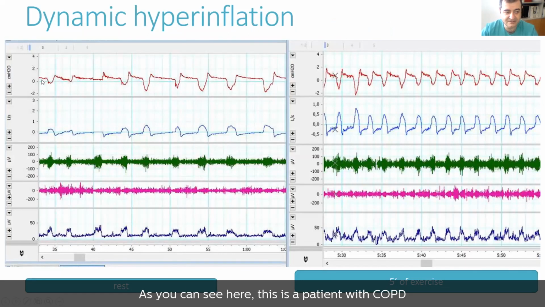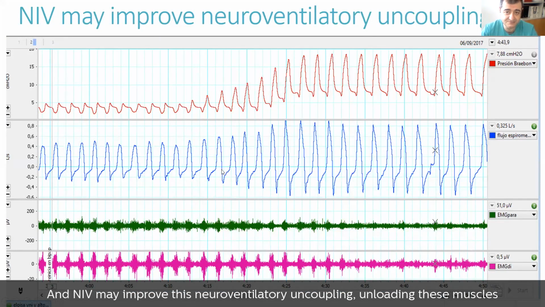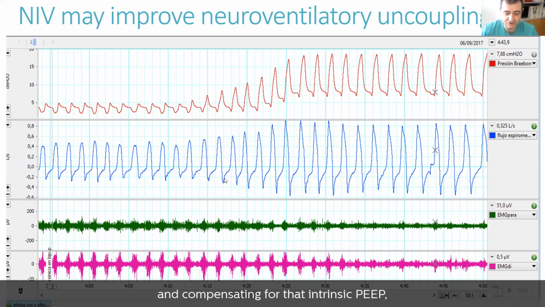As you can see here, this is a patient with COPD breathing spontaneously at rest, and when the patient starts making exercise, which is quite similar to an exacerbation, he will progressively have air trapping. The respiratory flow does not reach zero, and there is increased use of accessory muscles, such as the one you can see here in the parasternal EMG. And NIV may improve this neuroventilatory uncoupling, unloading these muscles, and compensating for that intrinsic PEEP.